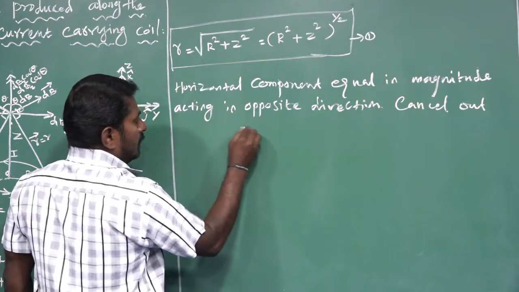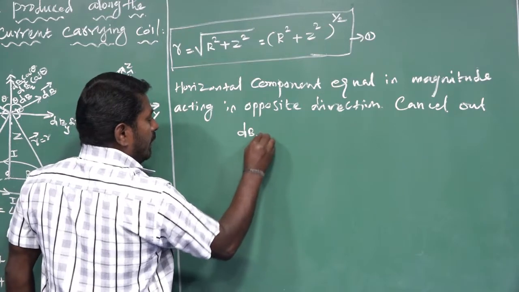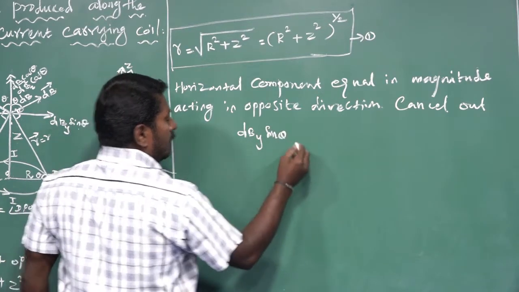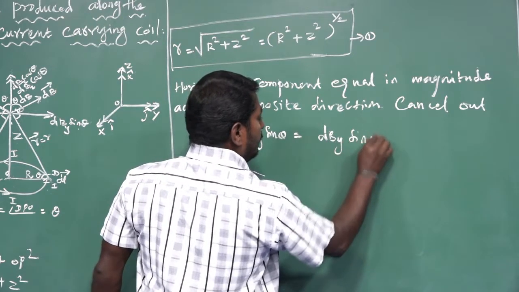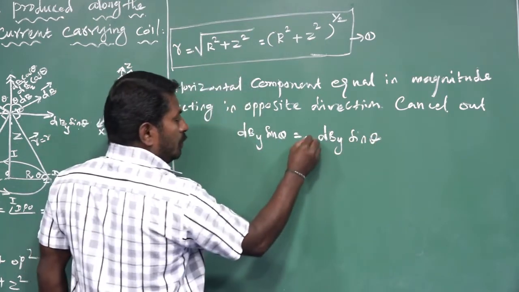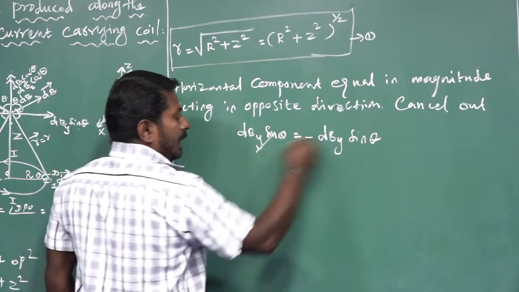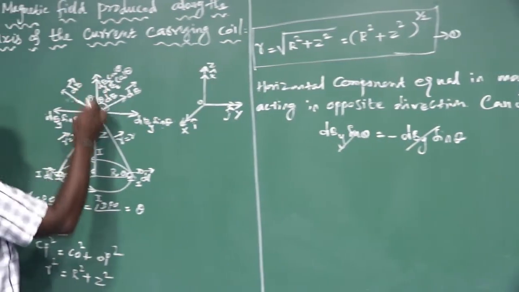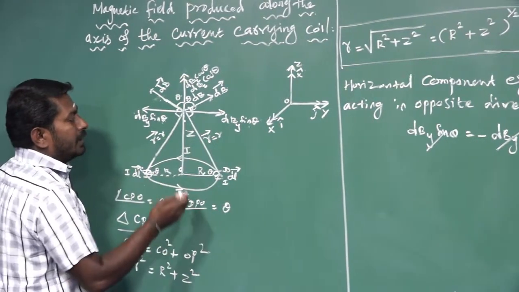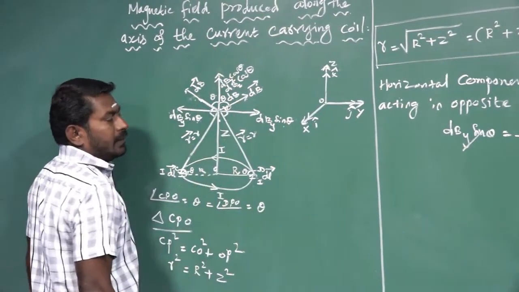That is, dBy sin theta is equal to dBy sin theta, equal in magnitude but acting in opposite direction, cancel out with each other. But the vertical component dBz cos theta acts along the z-axis.